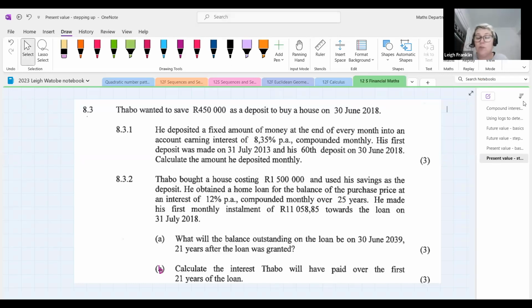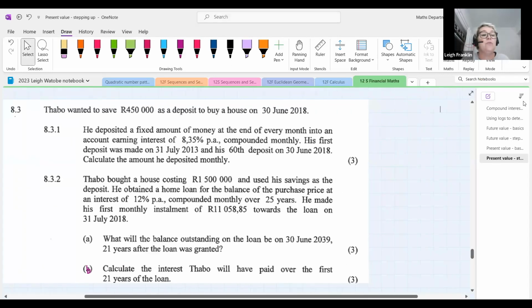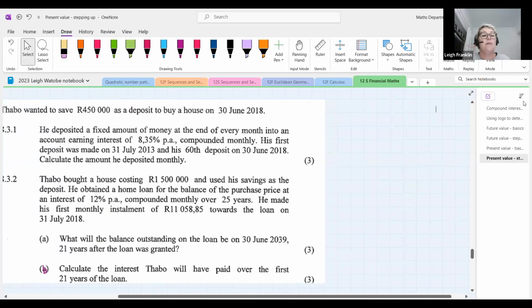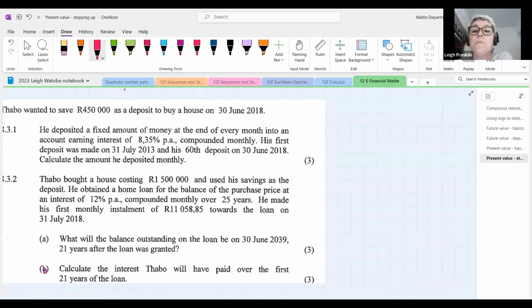So we're going to use future value to calculate the amount he deposited monthly. What do they want us to calculate in the future value formula? The value of what? They want us to calculate the X. So fairly straightforward. Guys, work out what the X is.